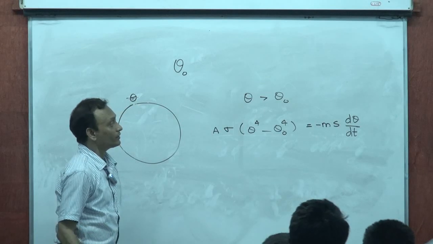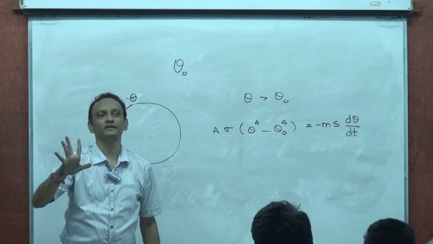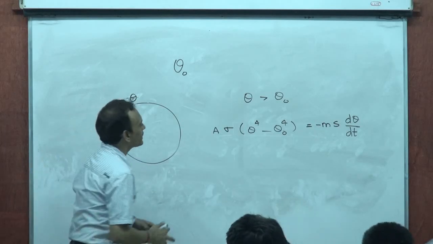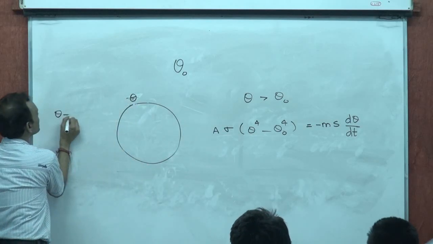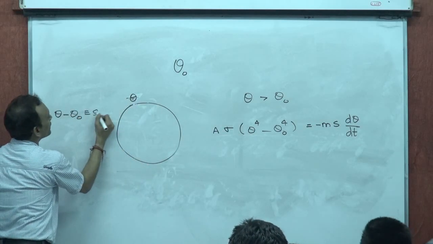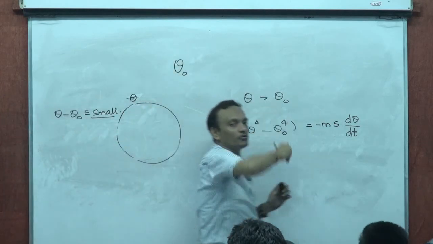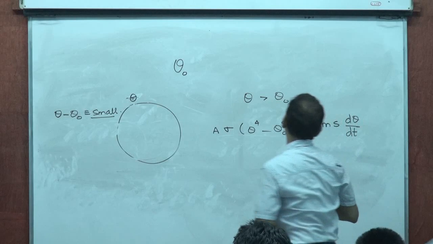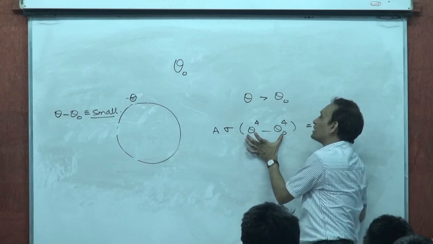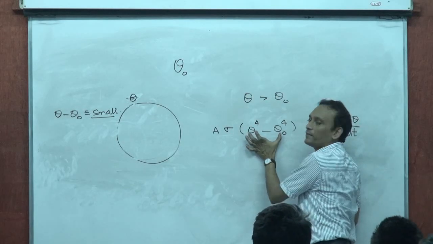Now, binomially you can check that out for yourself, that if theta minus theta naught is small, if the difference between the temperature of the body and the surroundings is small, then we can show that this will be almost proportional to theta minus theta naught.